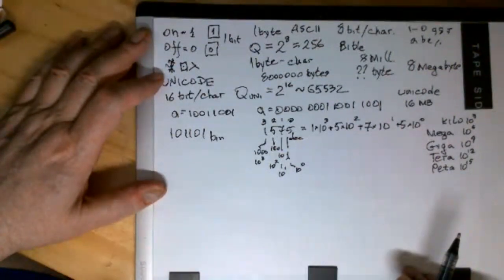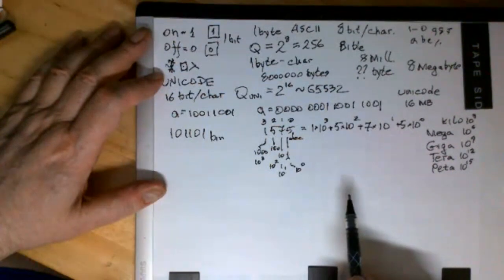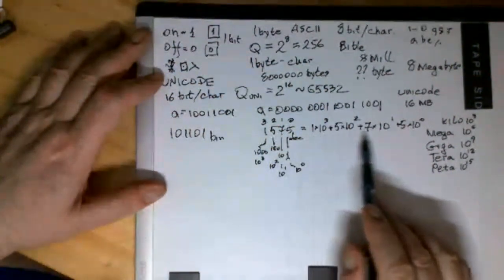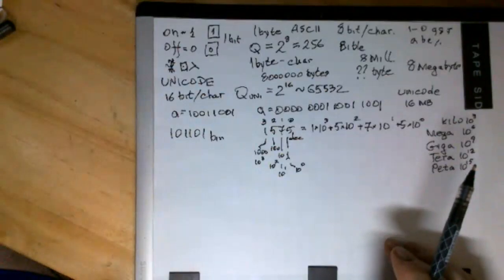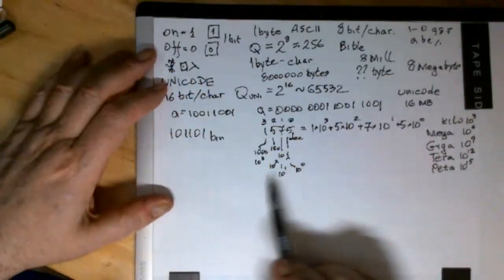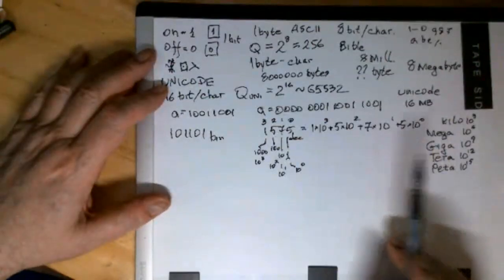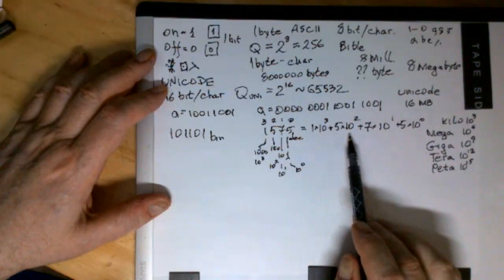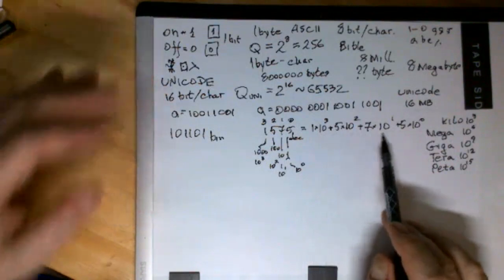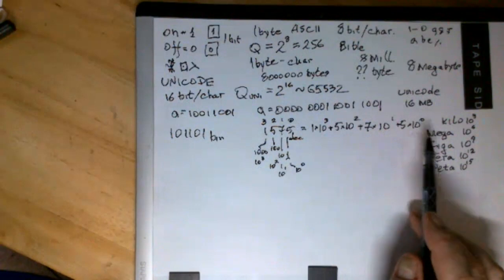That is how we can actually represent this quantity with a number of money bills. So that is a 1,000 bill, 500 bills, 70 bills, and 5 singles.